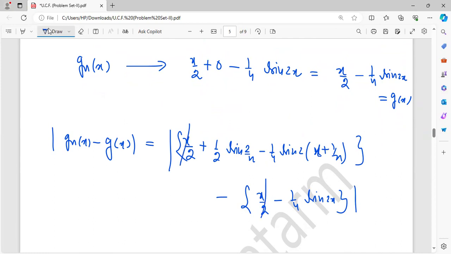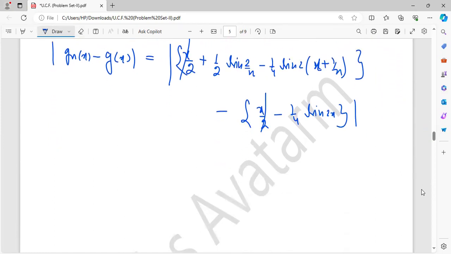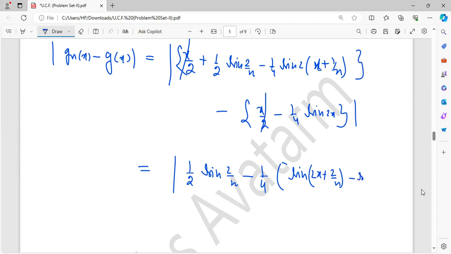So this cancels out. Now I can write it like that: 1 by 2 sine 2 upon n. You can take 1 minus 4 common, sine 2x, 2 by n, sine 2x.